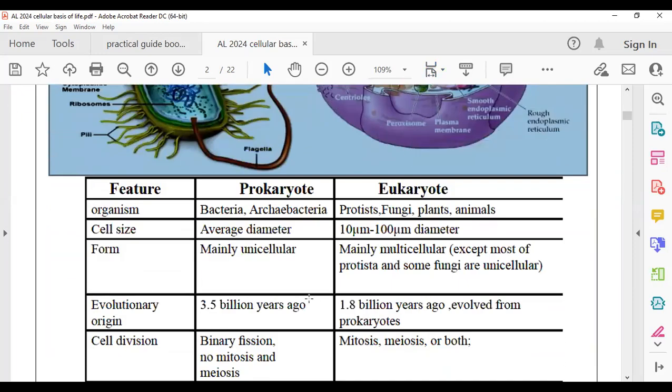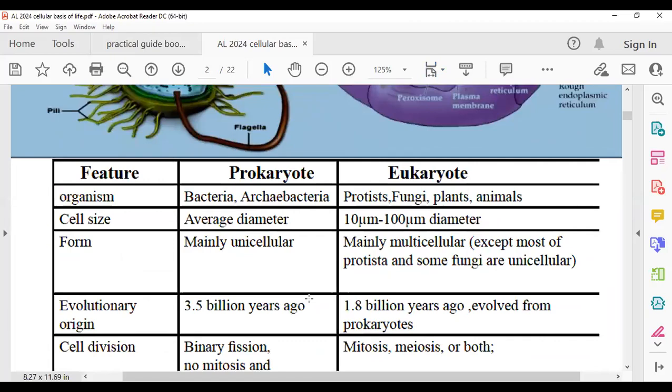Between these two organizations, there are certain differences they are listing here. First, the organisms belonging to prokaryotic organization. Who are the organisms? Familiar words, not unfamiliar words. Bacteria.